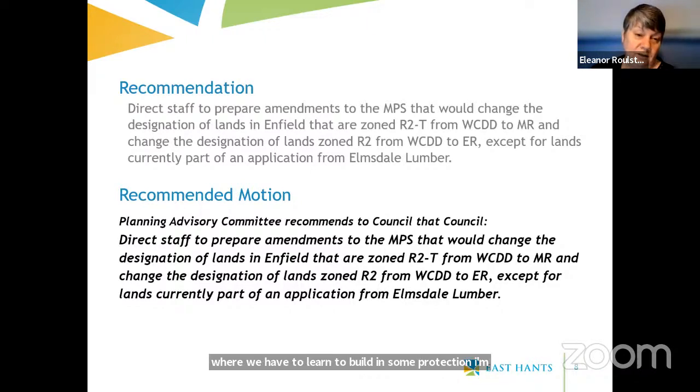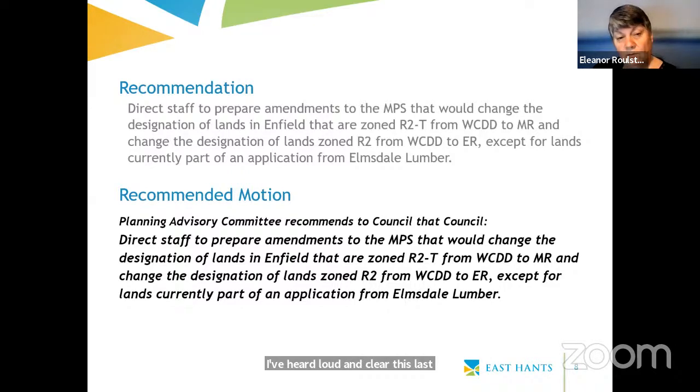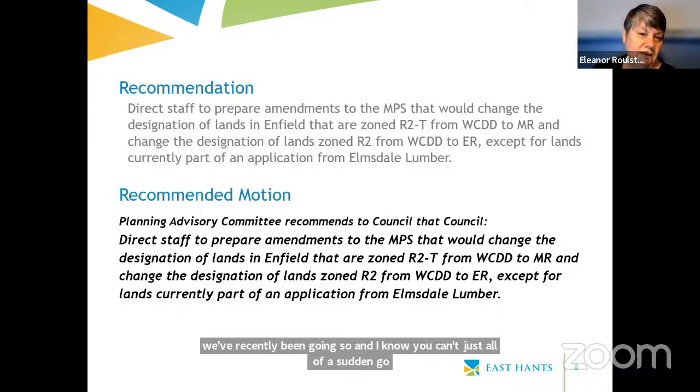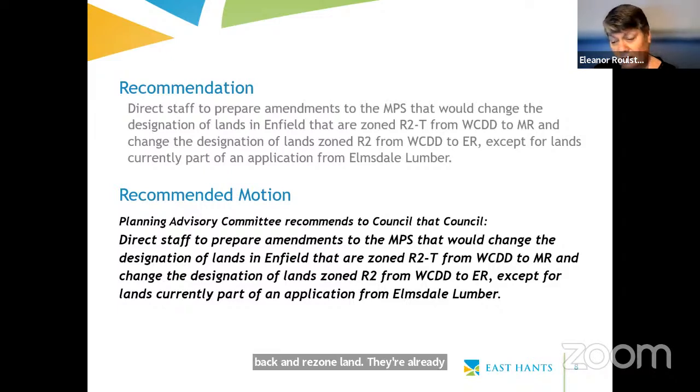And I'm not a planner. I'm not sure how we do it. But what I've heard loud and clear this last while is that the folks who have built the communities, particularly in the Enfield area, aren't happy with the direction that we've recently been going. And I know you can't just all of a sudden go back and rezone land. There are already applications in the queue, and I understand all that.